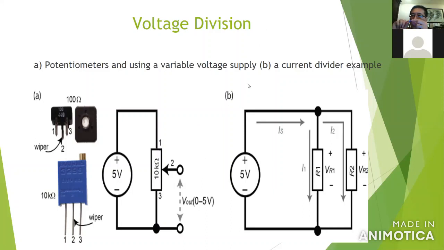Okay, so for the potentiometer, you have 3 legs here. Okay, so the 3 legs, if I go back to, oh yeah, from this slide you can see for a resistor you have only 2 legs. Okay, but for a potentiometer you have 3 legs, 1, 2, 3.